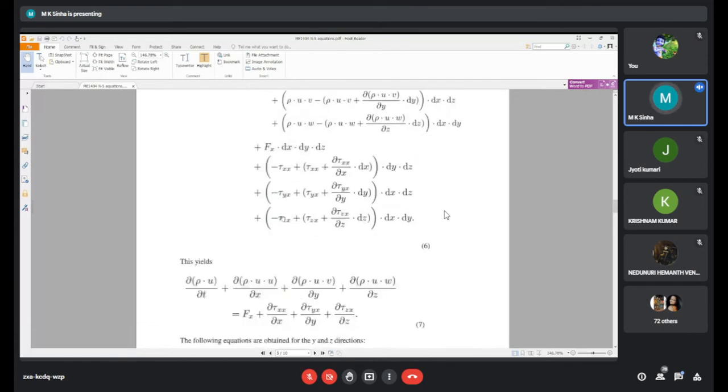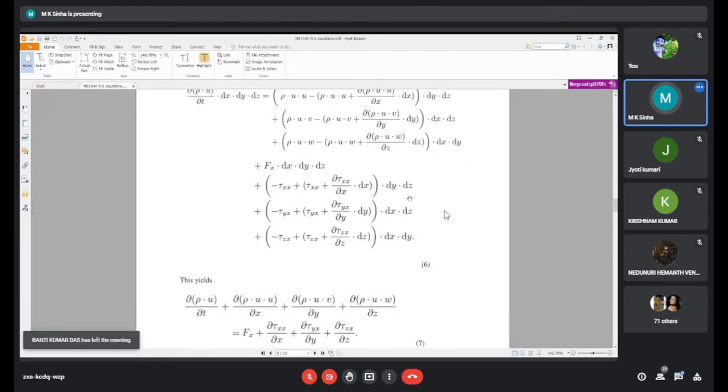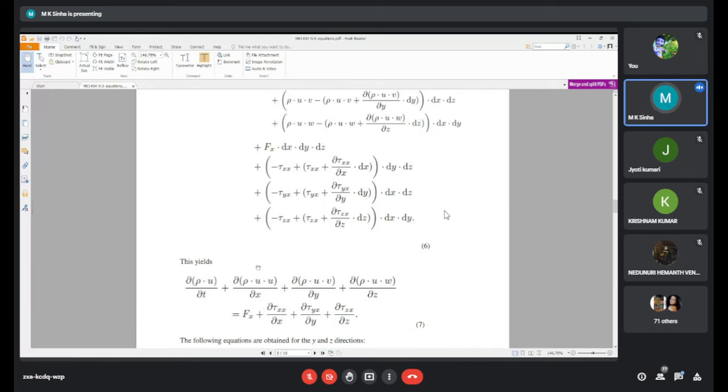Given and multiplied, this yields del/del t of rho u plus del/del x of rho u u, and these terms will become the left side, and the right side will become fx.